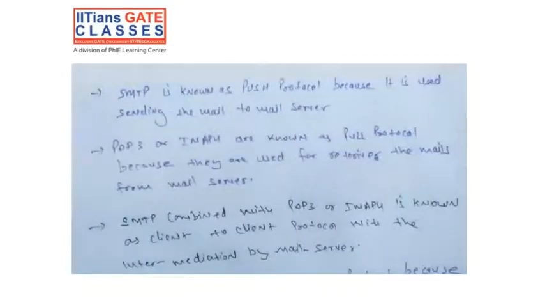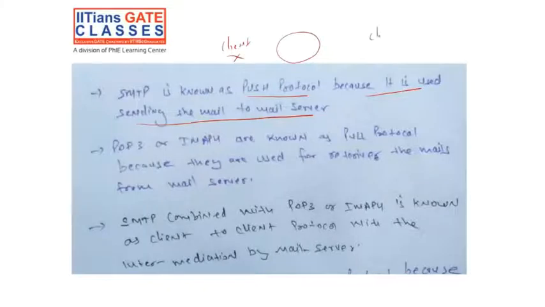Now see some points, just for your notes, which we already discussed. SMTP is known as a push protocol because it is used for sending the mail to the mail server. From that, you can get that SMTP is an asynchronous protocol. Asynchronous means synchronization is not needed. Let's say this is client X and this is client Y. Let's say client Y is offline, there is no connection.